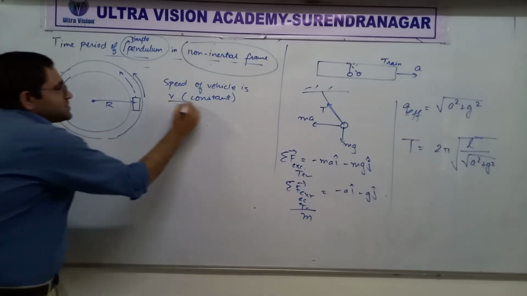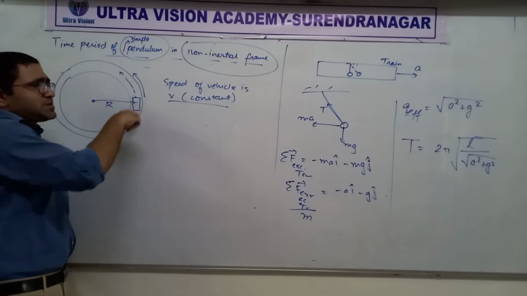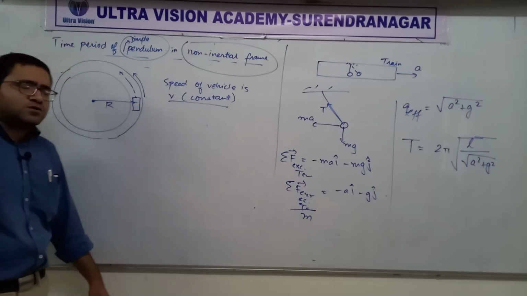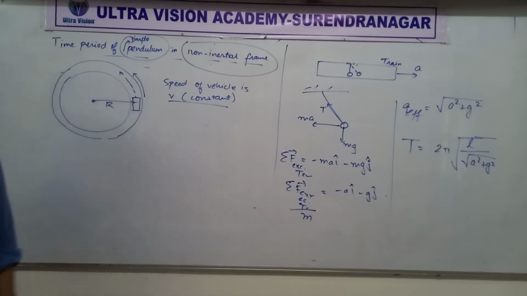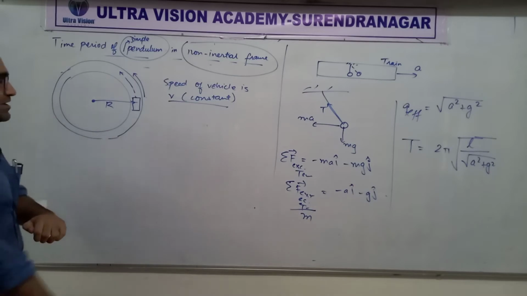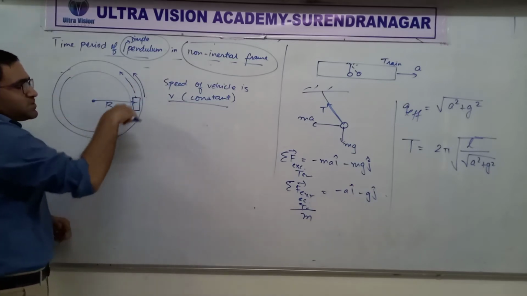Constant speed, fixed radius, moving in a circle. What is this motion called? Uniform circular motion. Correct.